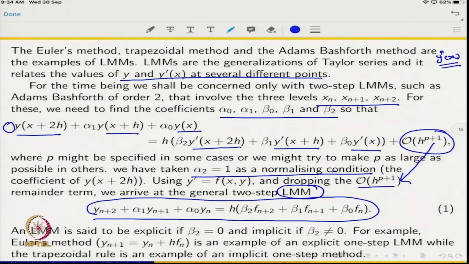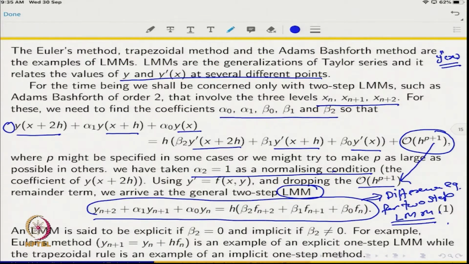So, now this is your difference equation for the two step linear multi-step method. If you observe this difference equation carefully, if I say beta 2 is 0, in that case this will be called an explicit method.